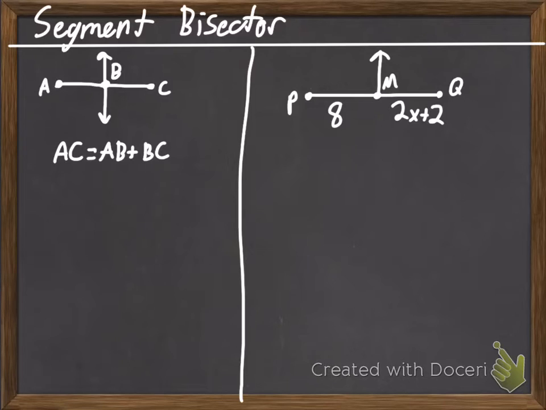But there's a unique thing here where AB is also equal to BC. And if two segments are equal, we can also say that they are congruent. So we can say that AB is congruent to BC.